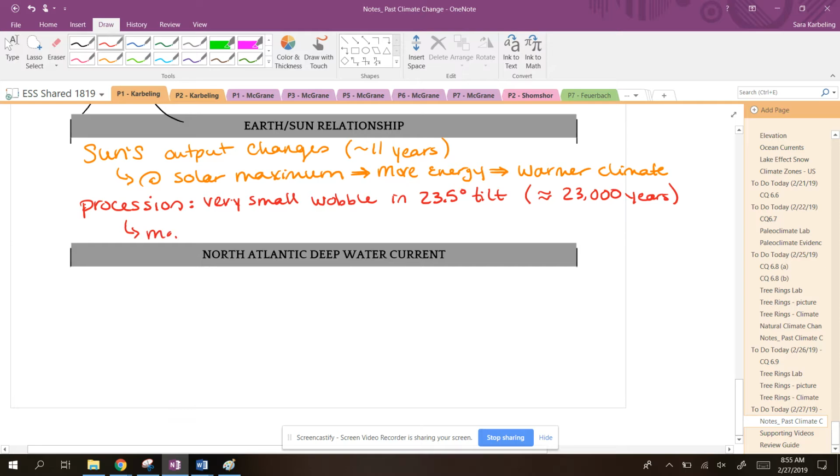More tilt means that some areas are going to have more direct sunlight, while other areas would have less direct sunlight or more indirect, depending on which way you want to say that, right? And others have, we'll say, more indirect.